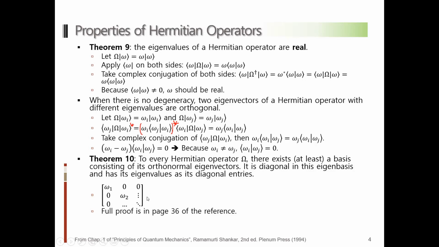For the simple proof, I will simply assume that there is no degeneracy, and then you can get some intuition. You can refer to page 36 of the reference for the full proof. So let's see the proof for the simple case, the non-degenerate case.